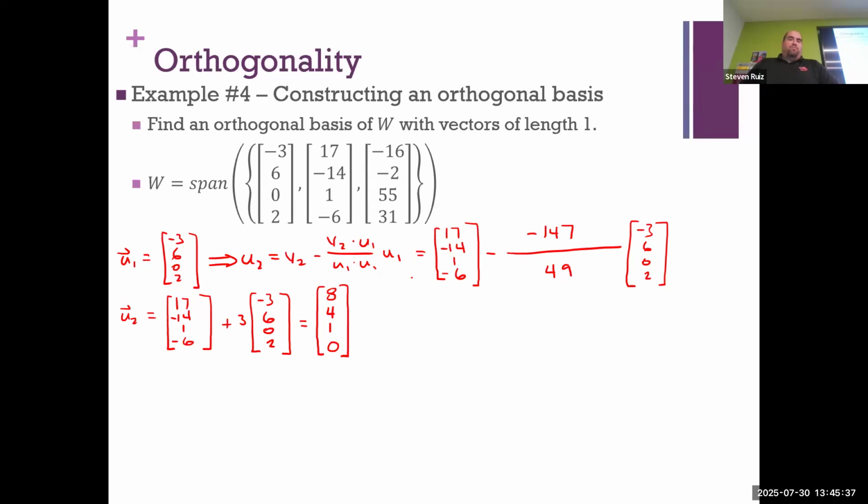That's a much better looking U2. Unless you disagree. I think 8410 is what I got before though. So to get U3, starting with V3, I'll subtract off all the parallel pieces.